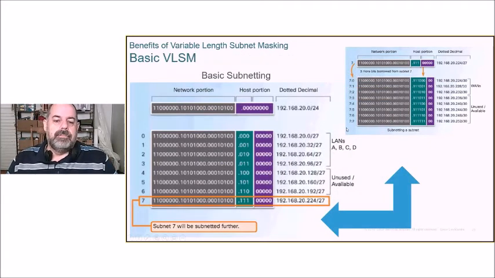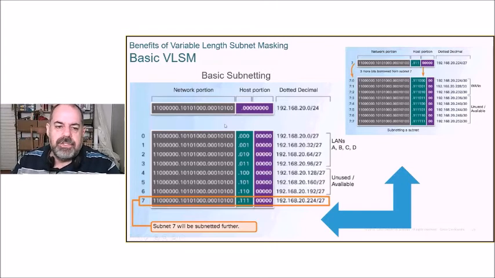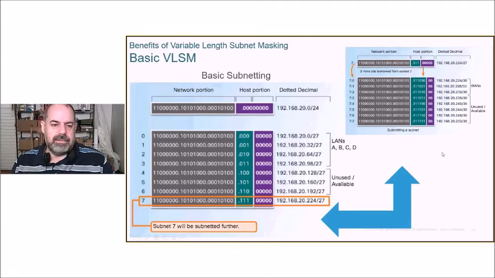So basic VLSM is we had those 8 subnets from 0 through to 7, and then this last one we split up into the /30s for the point-to-point links.